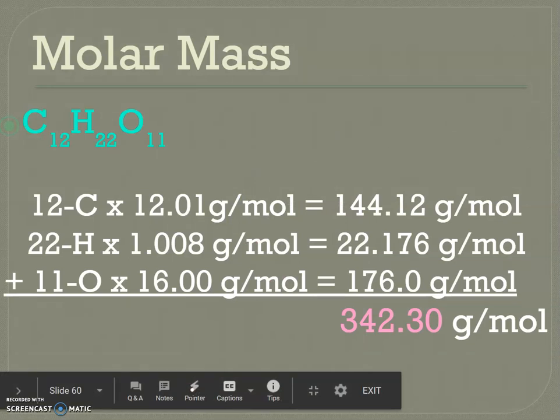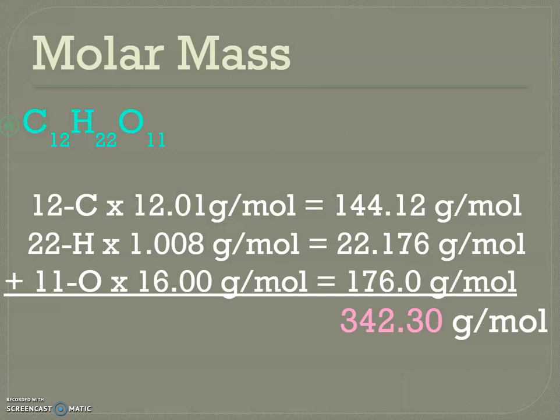Make sure that you take the time to put these in your calculator. 12 times 12 gives us our 144. 22 times 1 gives us our 22. 11 times 16 is 176. You know the shortcut for all this? Any two-digit number times 11? You take the 1 and you put it here.